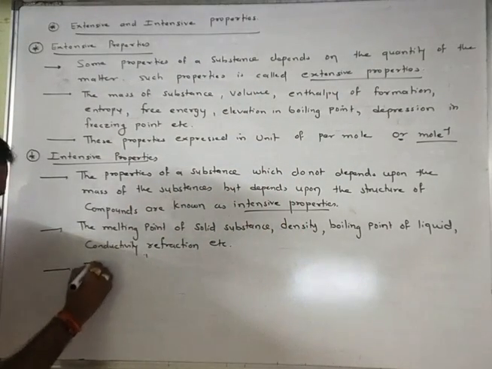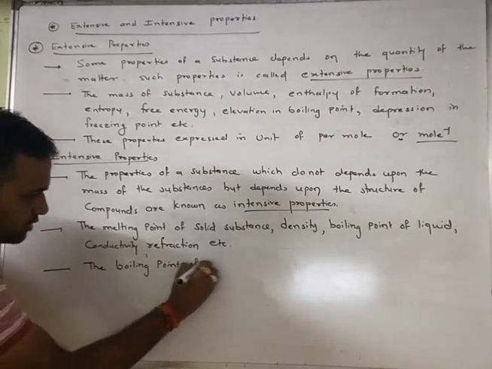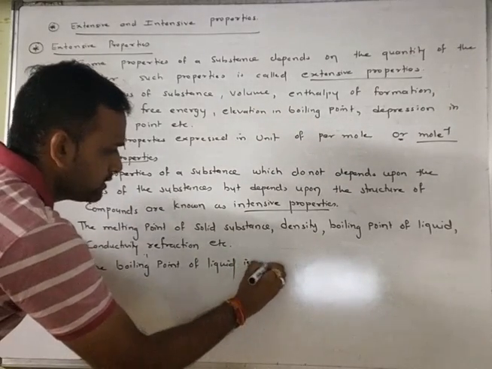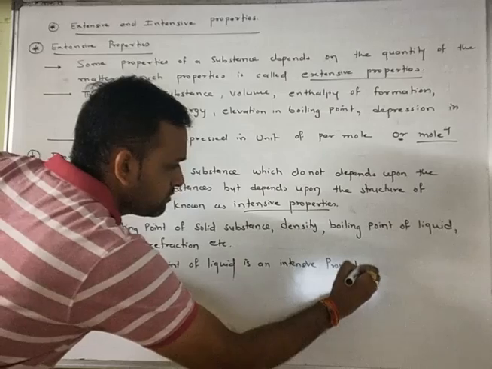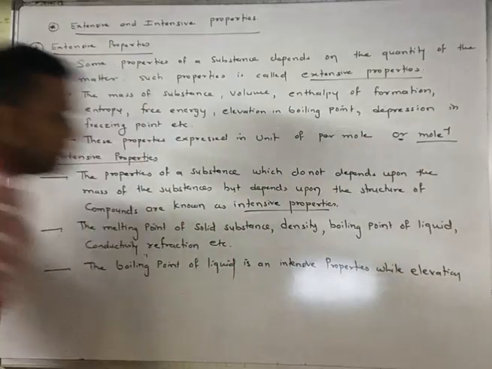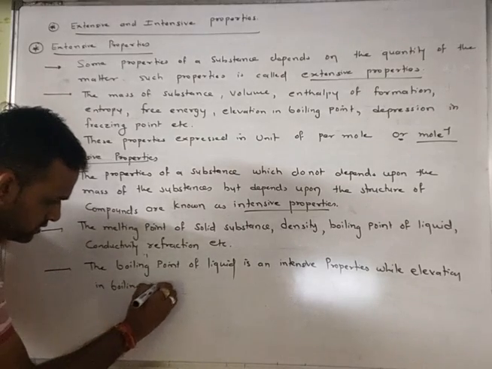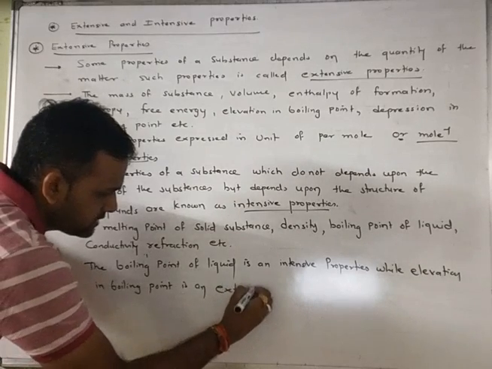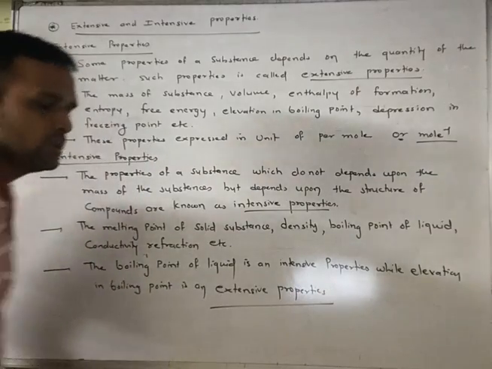We can say the boiling point of liquid, right, is an intensive properties, while elevation in boiling point, that is increasing in boiling point, is an extensive properties. Extensive properties. Understand? Is it clear?